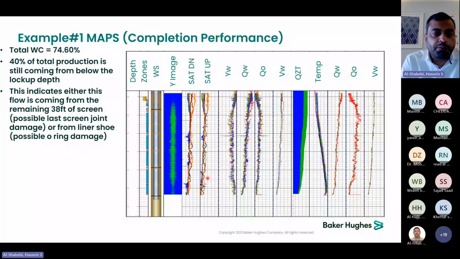This is one of the benefits of running the array production logging tool: to evaluate the integrity of your completions.